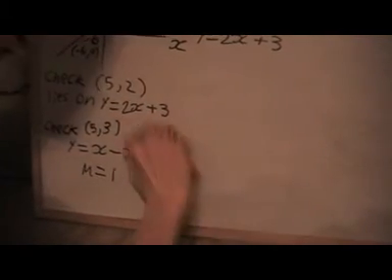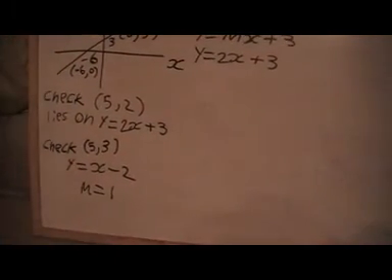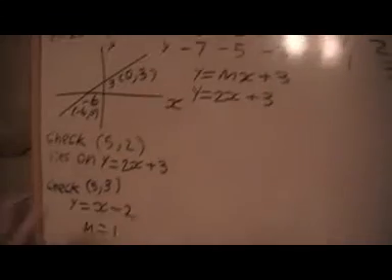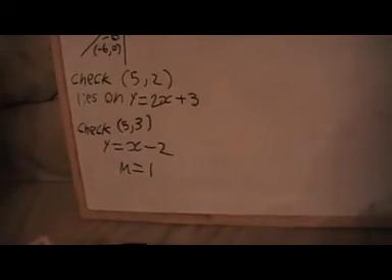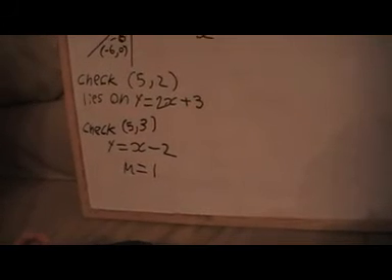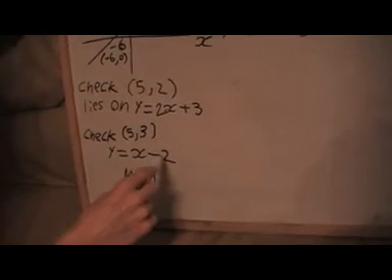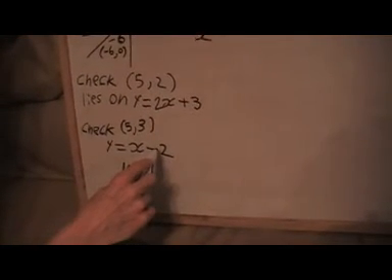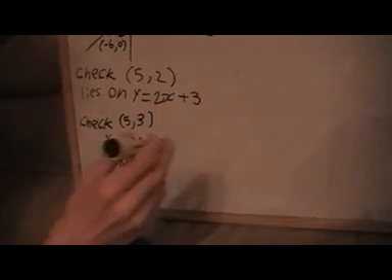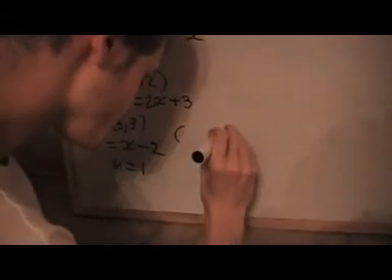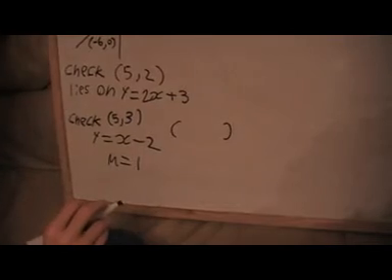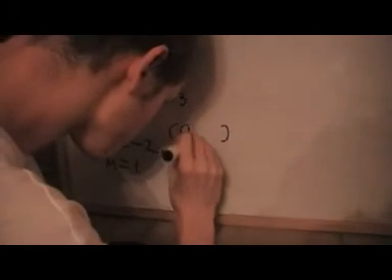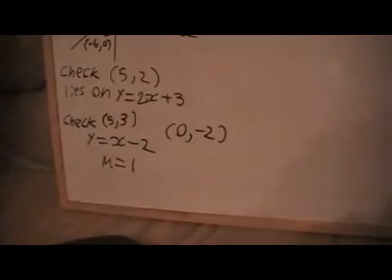Right, now we're going to prove that the gradient here is 1. And we've got one coordinate here which is 5, 3. The other coordinate, we know that the y-intercept is minus 2. And on the y-intercept we know that the x coordinate is 0. So the coordinate of the y-intercept must be 0, minus 2.